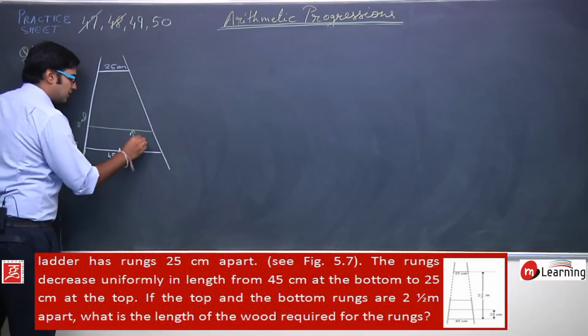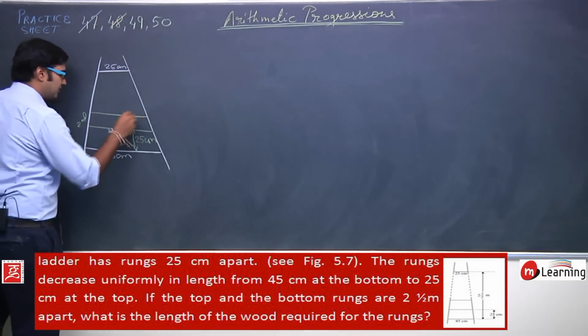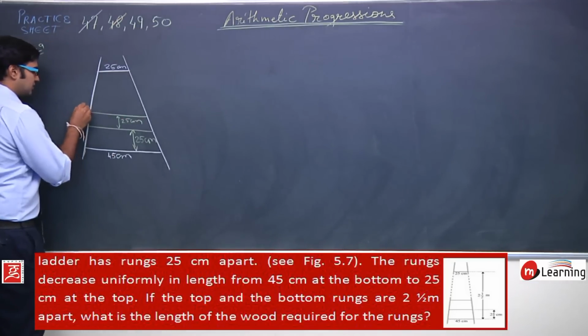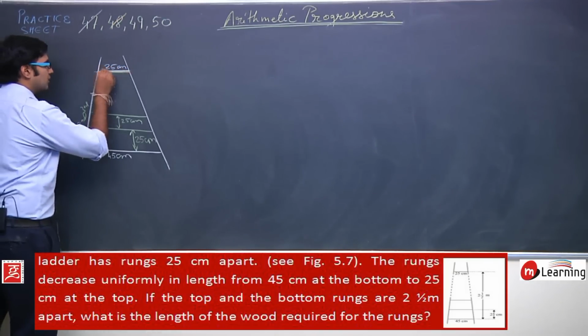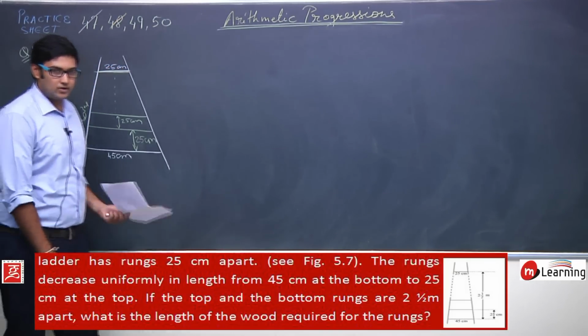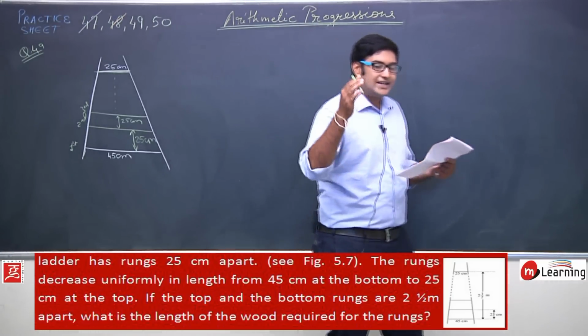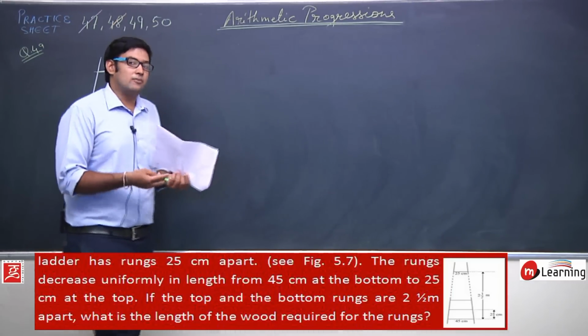The second rung will be 25 centimeter above this particular rung. Then the third rung will be again 25 centimeter above this rung, and so on. This will be the topmost rung. The length of these rungs will be decreasing uniformly.